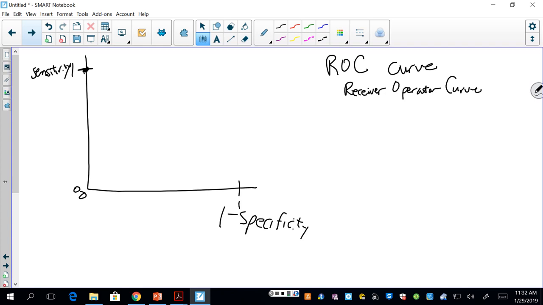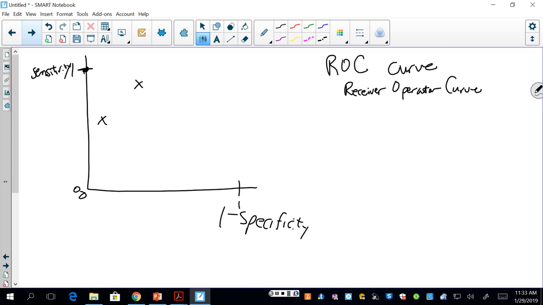In this particular example, we got some trade-offs. We got one that had higher specificity, but lower sensitivity, so it was over here. And then another one had lower specificity, but higher sensitivity.